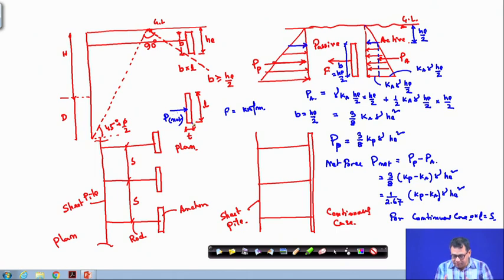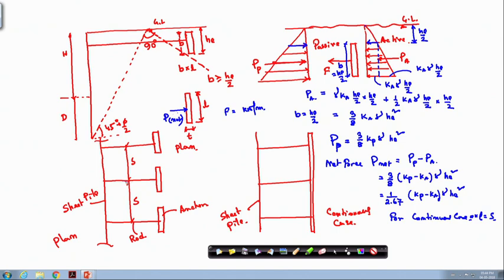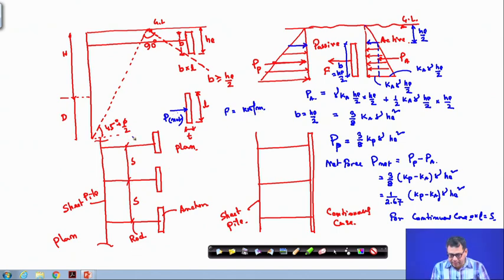that is coming on one particular anchor, because F is in kilonewton per meter. If the spacing is S, then you have to multiply the anchor force F with S, and then you will get the total force, because it is kilonewton per meter.